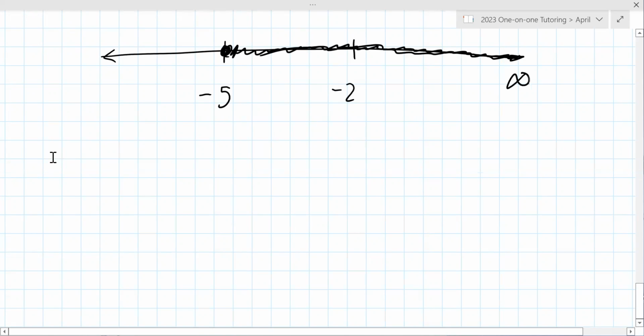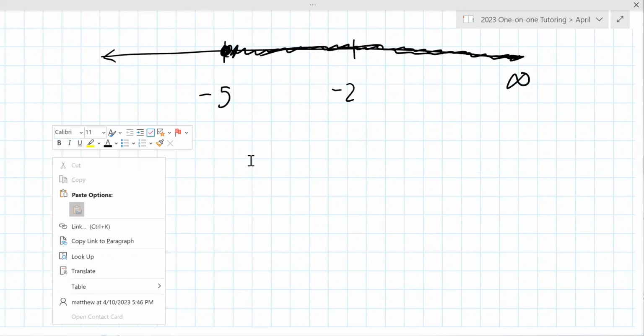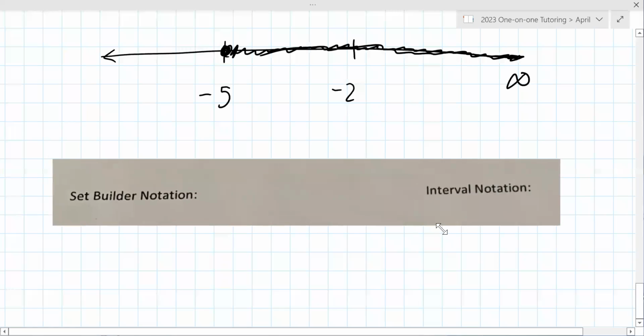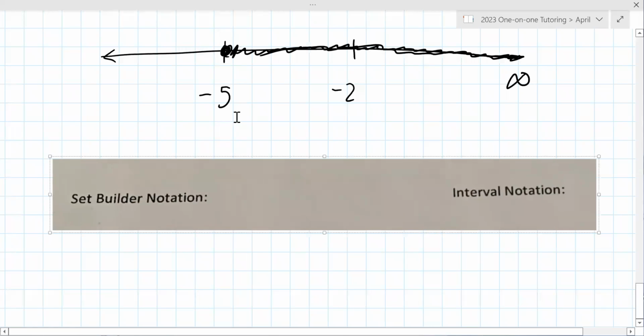Which one do you want me to do? Either one that you feel more comfortable with. Okay, I'll just do interval, yeah. And in class, we would have to do both, right? Usually. Yeah, they do emphasize that, although it seemed reasonable that you could just do one. Yeah, gotcha.